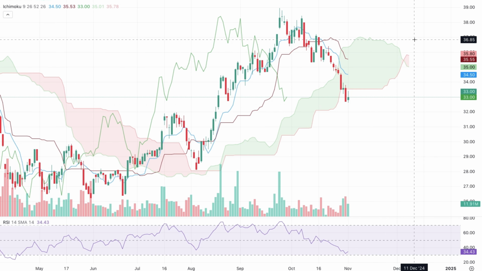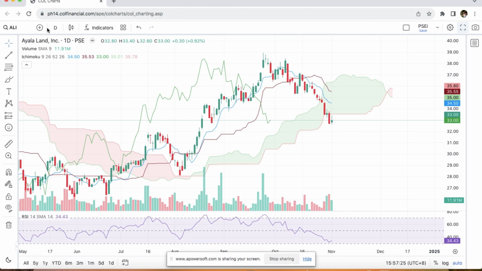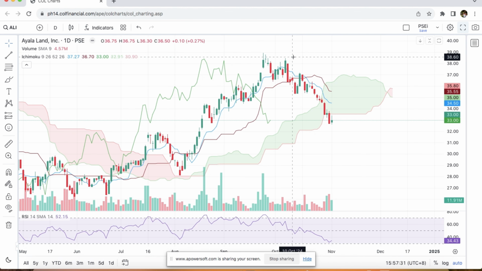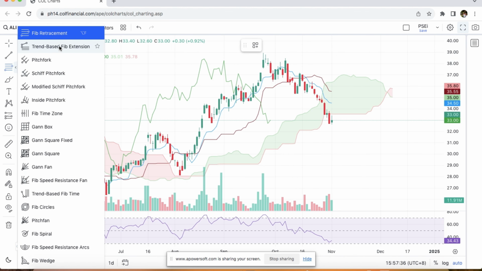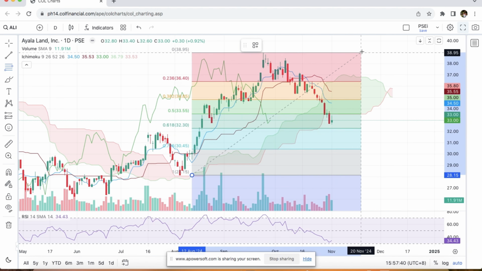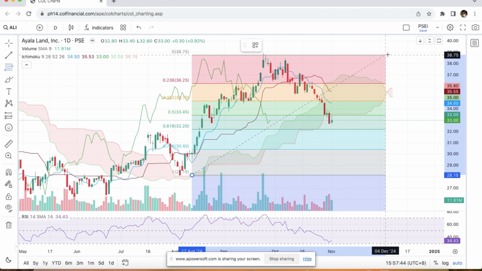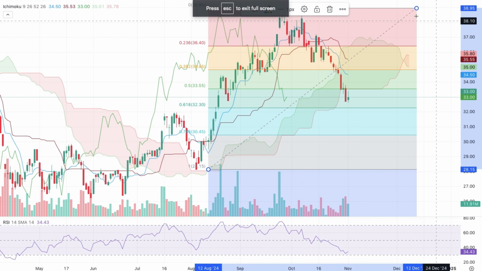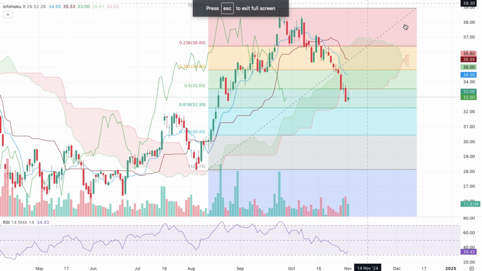If we put a Fibonacci retracement, okay, we will look at this one.